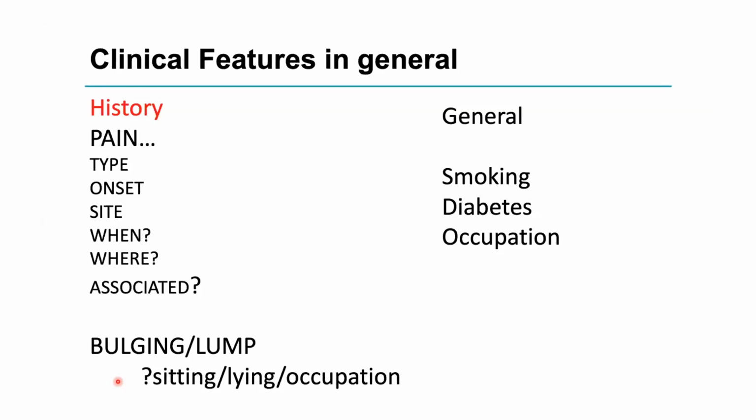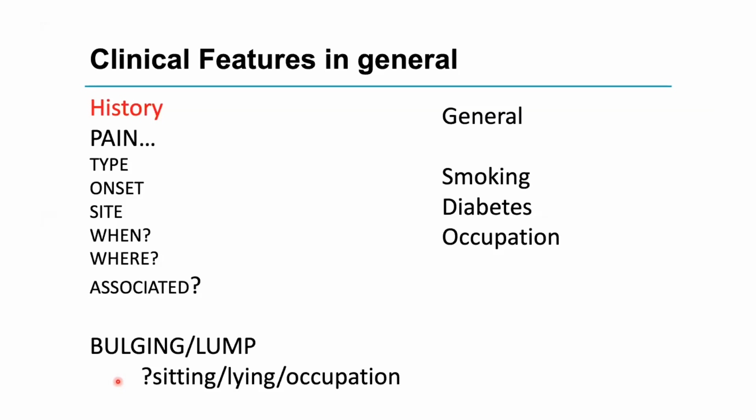If you have a history of that, even without touching the patient, you can almost say that they have a hernia. As always, we want to take a general history, and in particular, smoking and diabetes would be considered risk factors for the development of quite a few types of hernia. Occupation may or may not be a risk factor. There's really no clear consensus on that.